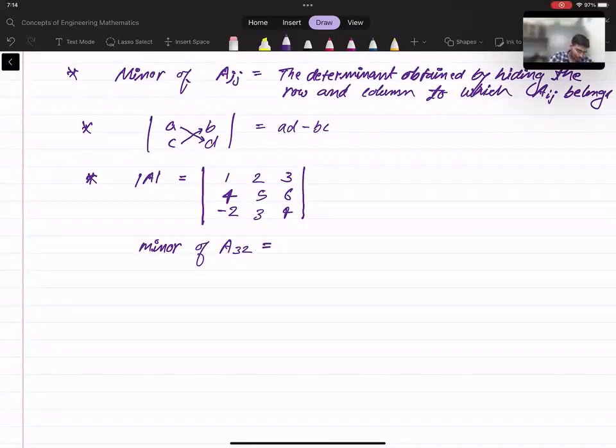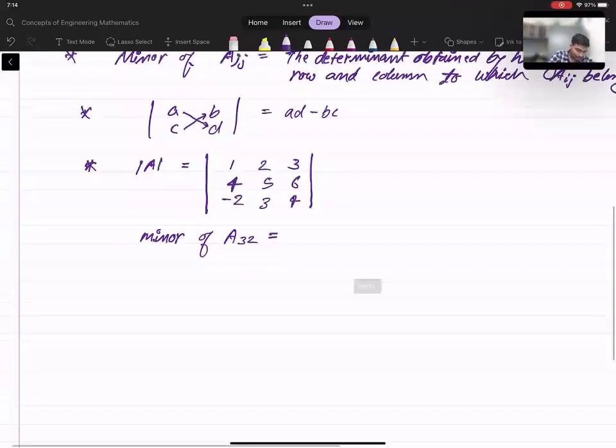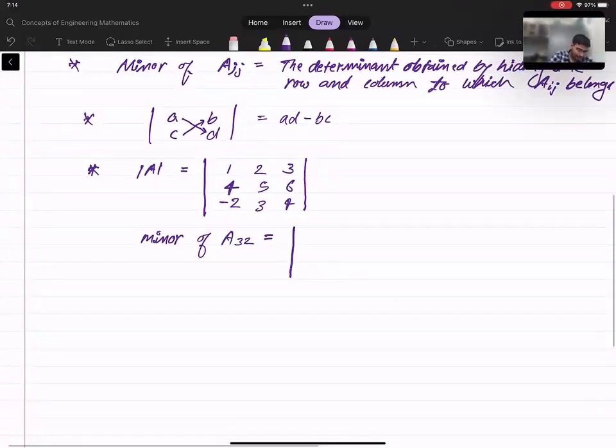Here determinant A has 3 rows and 3 columns, so in the third row and second column we have to delete. If we delete them, we will be left with a 2 by 2 determinant, with the third row deleted and second column deleted. So we have the first column, first row: 1 and 2 is deleted, so 3, and the second row will be there, so 4. The second column has been deleted, so we have 6, and the third row is deleted, so we do not need to write the third row. So we have this value.